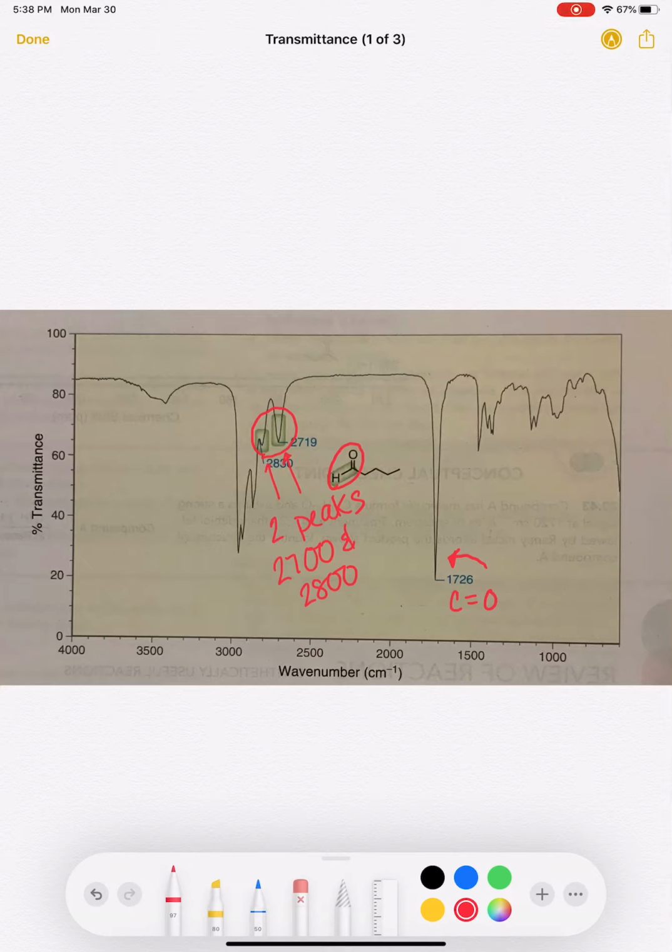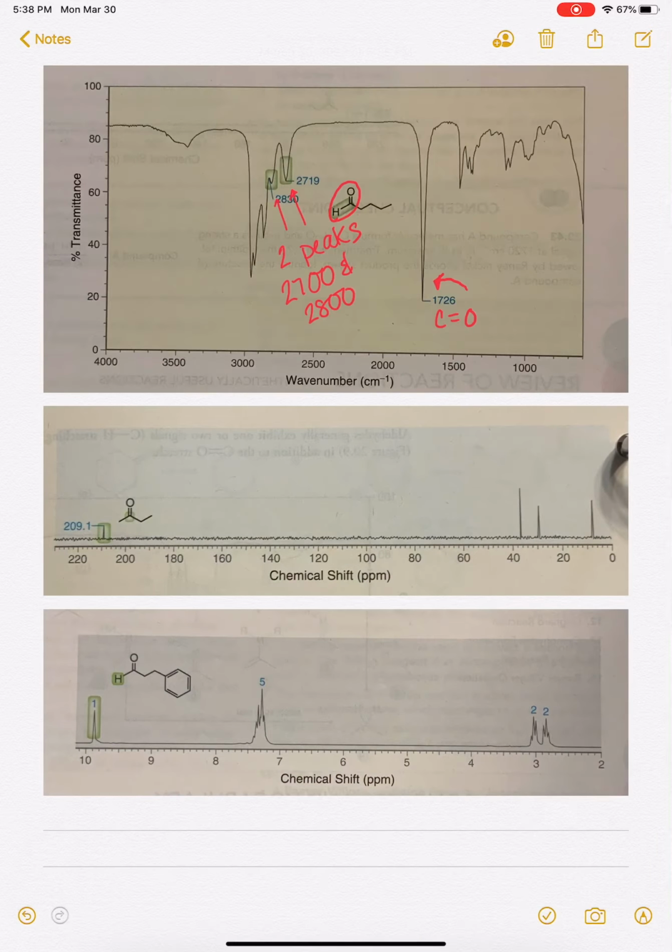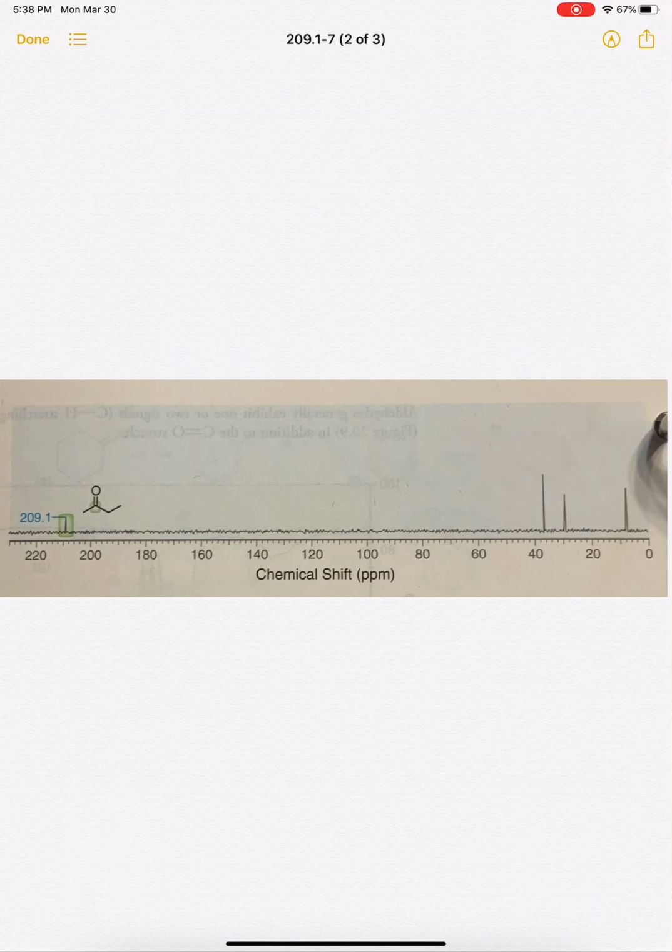They can get hidden with normal carbon-hydrogen stretching. A lot of times they're not very strong. So it's more of a confirmation thing, like I think I might have an aldehyde, so I'm going to go look for the aldehyde peaks in the 2700 and 2800 area. A lot of times it's not easy to just see them.